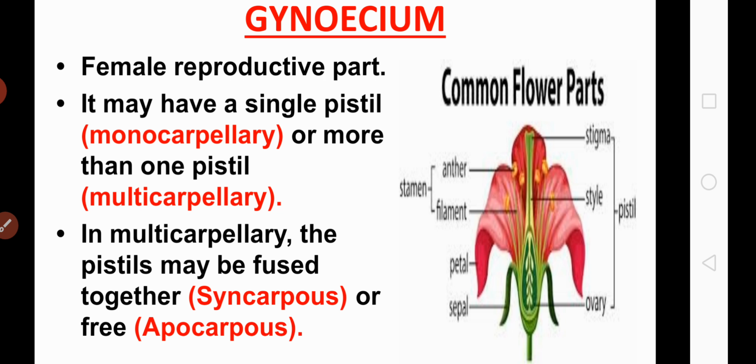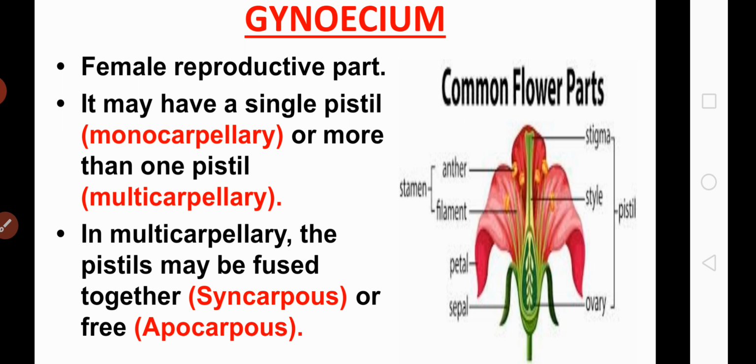If a flower contains only one pistil, then it is called as monocarpellary. So monocarpellary means presence of one pistil, whereas multicarpellary means if the flower contains more than one pistil, then it is called as multicarpellary. In the term multi, multi means many. Am I clear? So this is the classification of pistil based on the number of carpels.